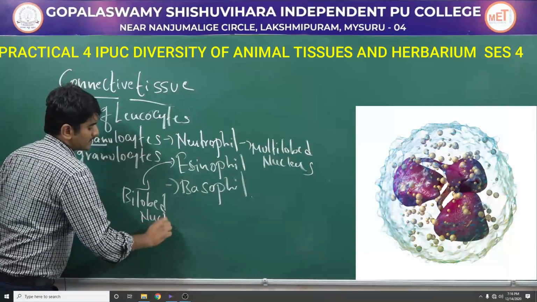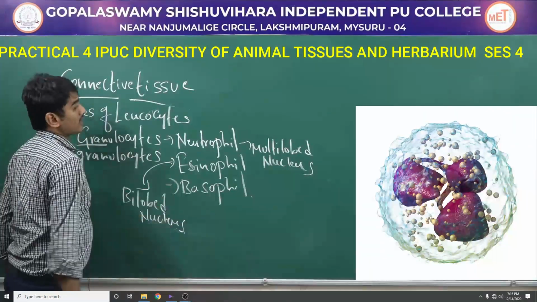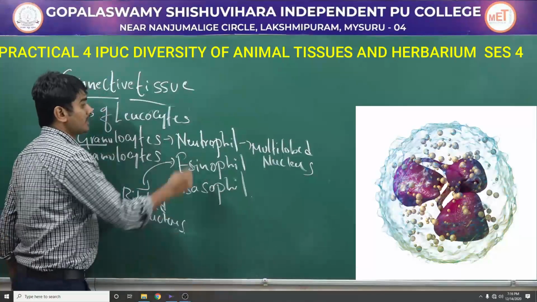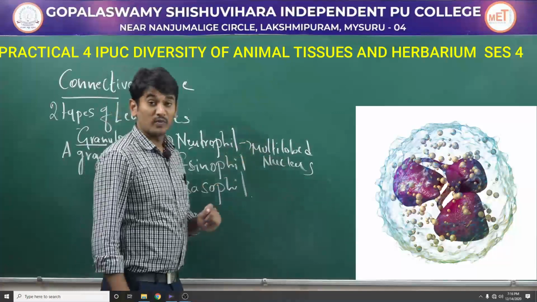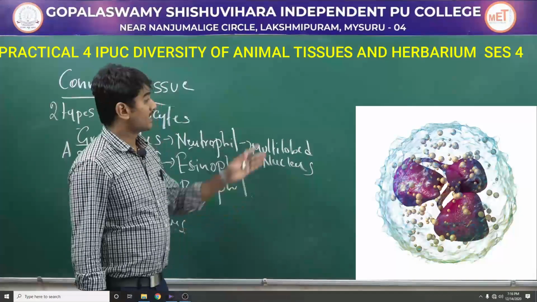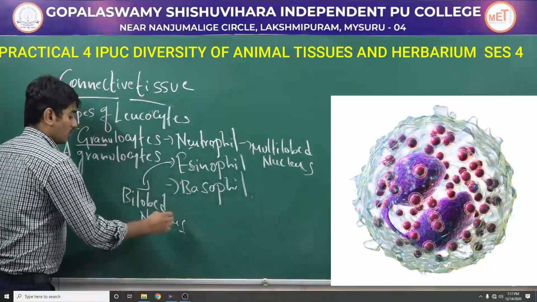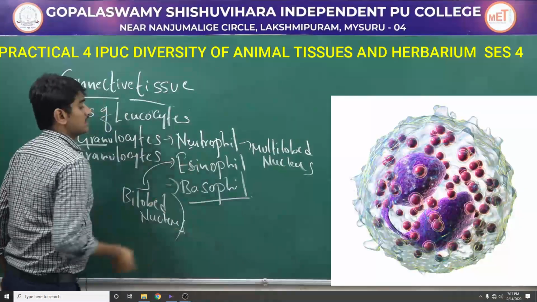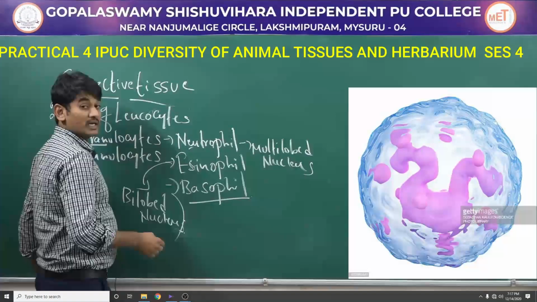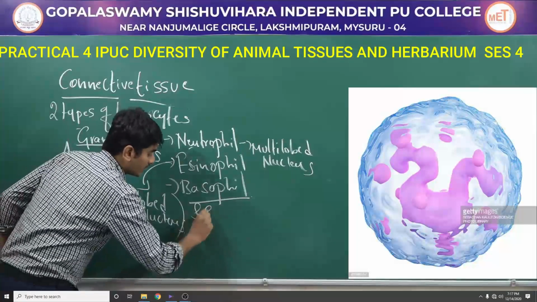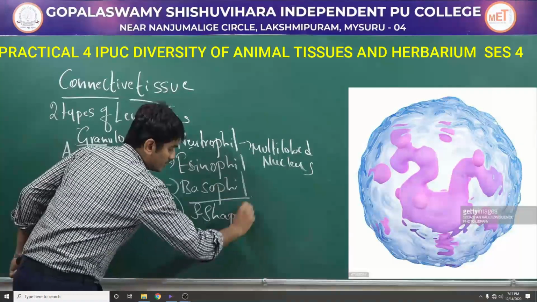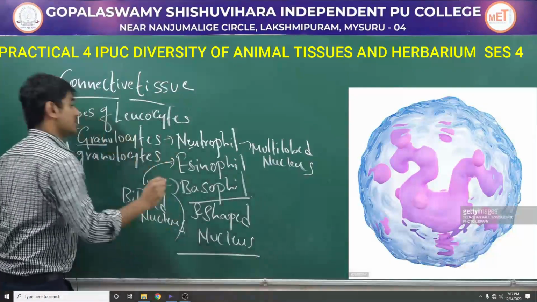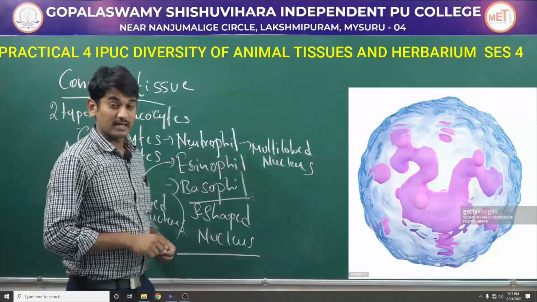Here we can observe both neutrophil and eosinophil. The neutrophil shows a multilobed nucleus and the eosinophil a bilobed nucleus. And the basophil cell shows an S-shaped nucleus. These are all about granulocytes.